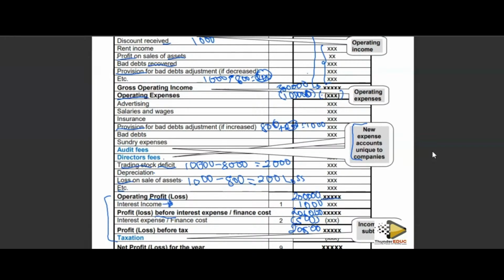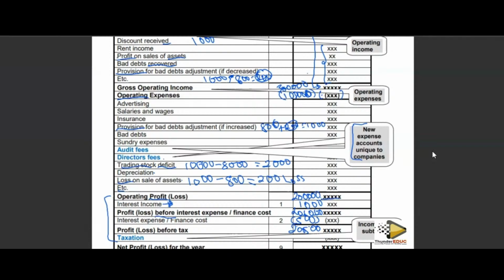Let me do my calculation here. Remember, I came up with my own figures just to assist us with our calculation for explanation purposes only. So if our profit before tax is 200,500, we shall need to multiply by 28%.